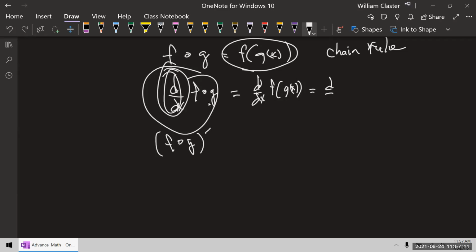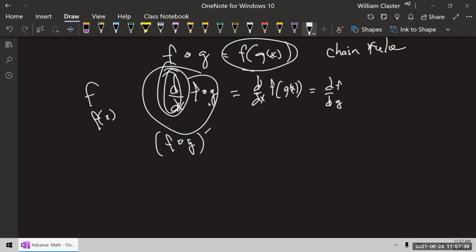We'd say it's, well, I don't know. This definitely looks strange. But it's df, I guess I'll write it like this, dg. You know what I mean by, I'm not putting the arguments in here. I'm just putting the name f, like I'm writing f, I'm not writing f of x.